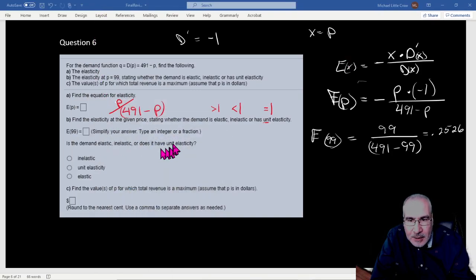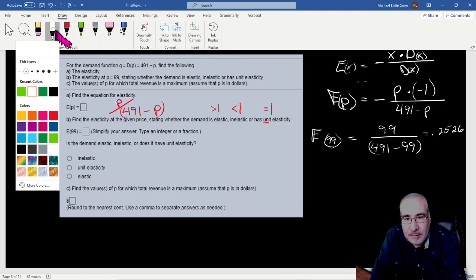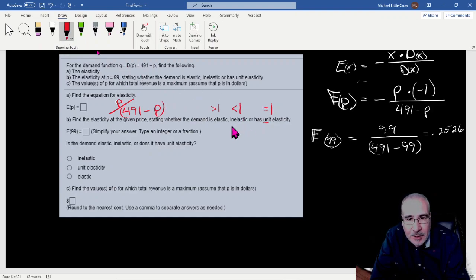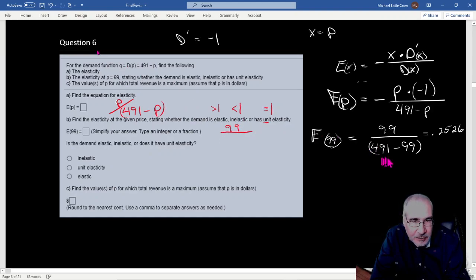Type an integer or a fraction. Okay, so they're going to want it as 99 over 491 minus 99, which would be 8 in the ones place, and then 392.